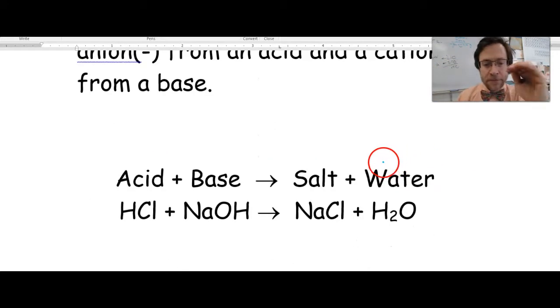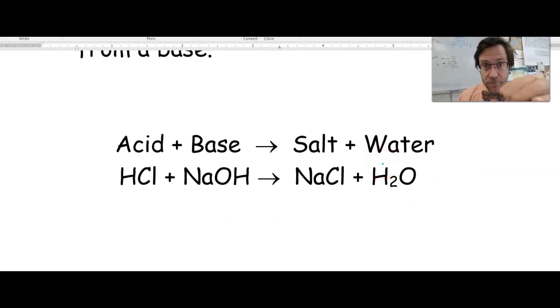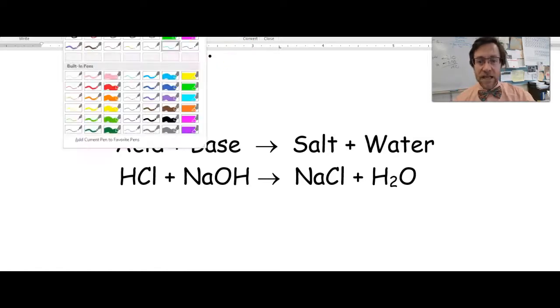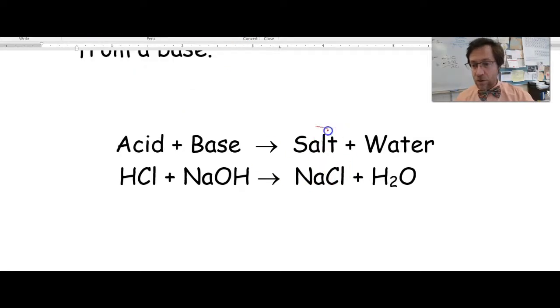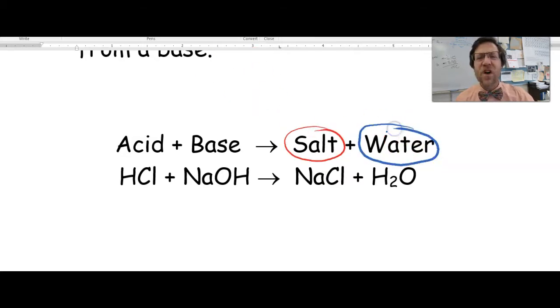So here's what happens. If you take an acid and a base and mix them up and react them, you will make two things. The first thing you make is salt, and that's what we're going to look at in just a second. The other thing you make is water. Always, because here's how it works. From the acid, we get the H, the hydrogen ion. And from the base, we get the OH.